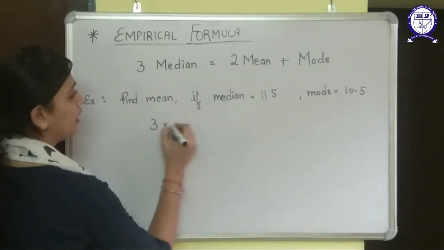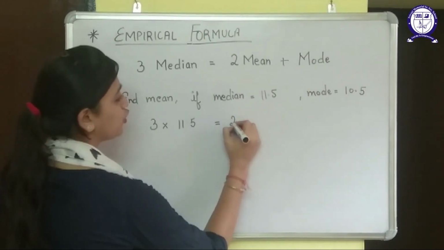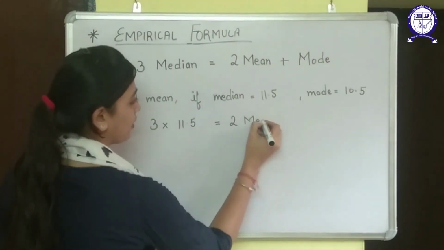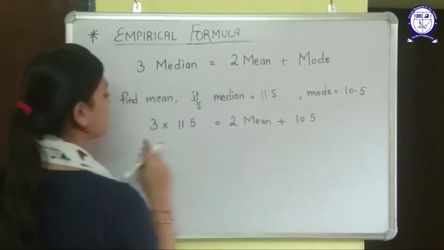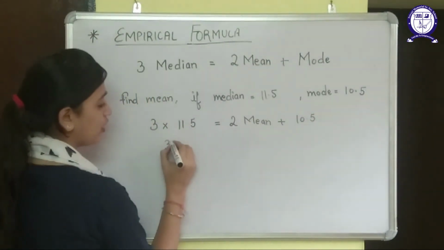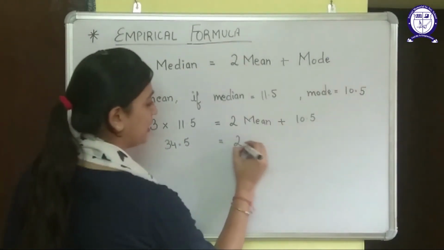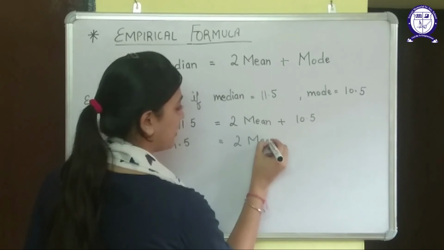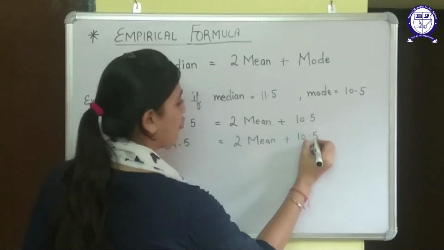3 into 11.5 equals 2 mean plus 10.5. It will be 34.5 equals 2 mean plus 10.5.